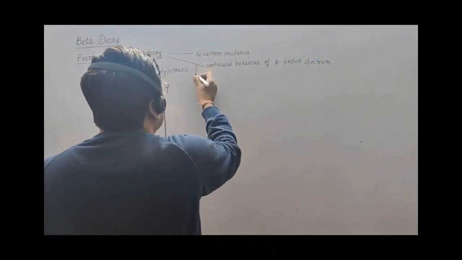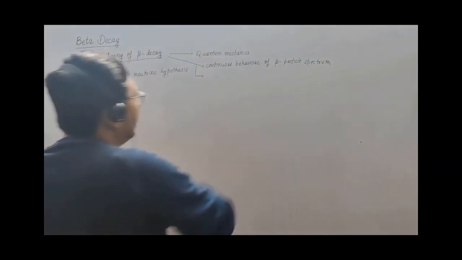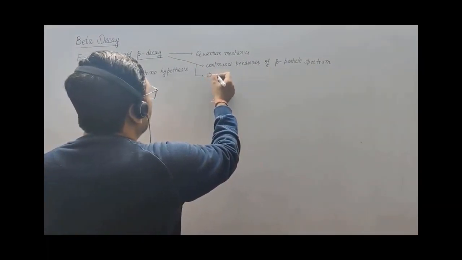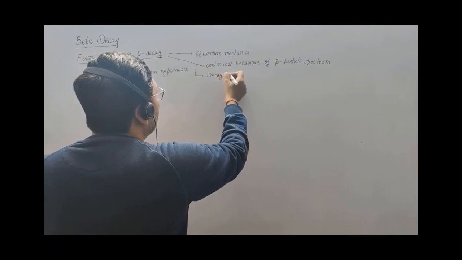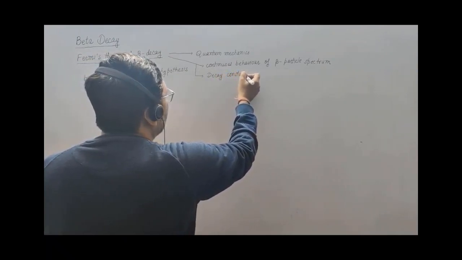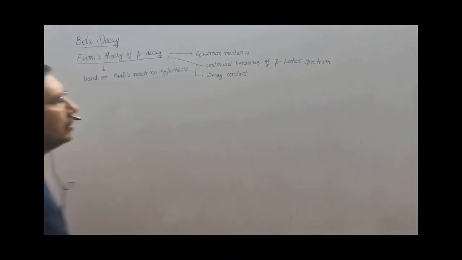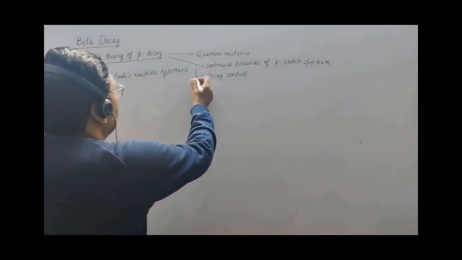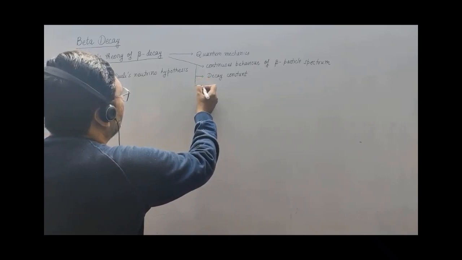The second aspect he calculated was the decay constant. He was able to find out the decay constant. After this, he was also able to draw the Fermi-Curie plot.